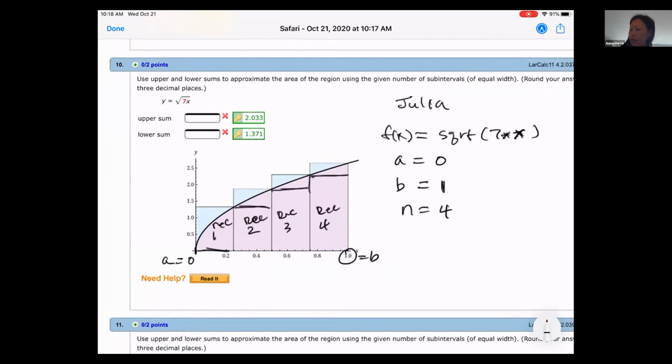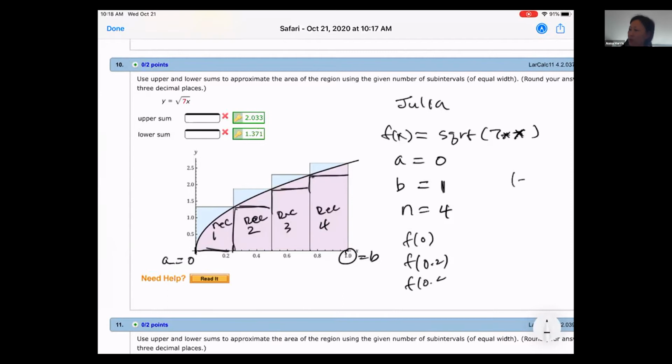So that is a lower sum. The pink is lower sum. All right, so lower sum starts with f of a, 0, f of 0.2, f of a, 0. No, it's not 2. How much is this one? 2.